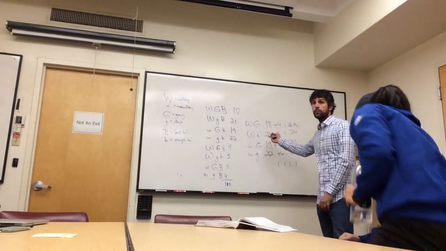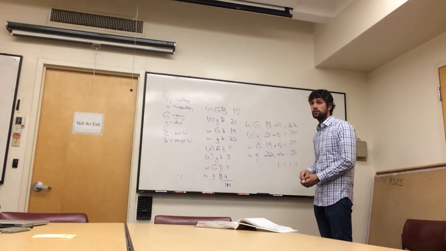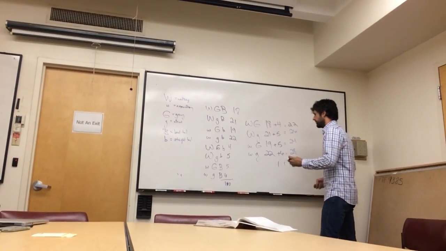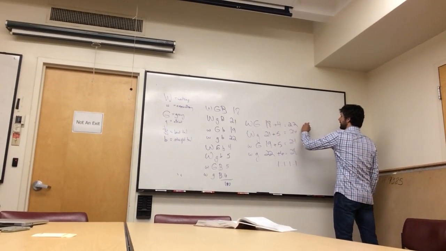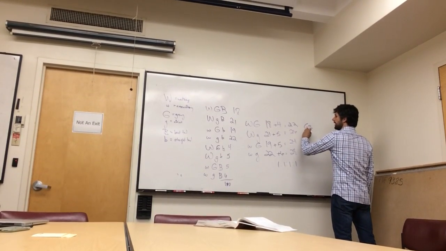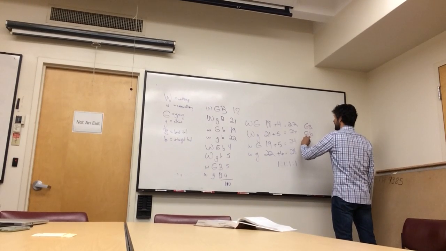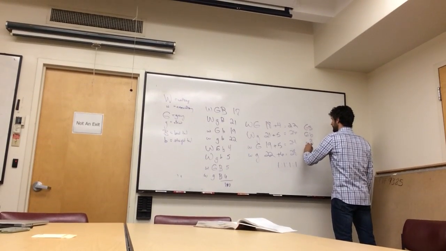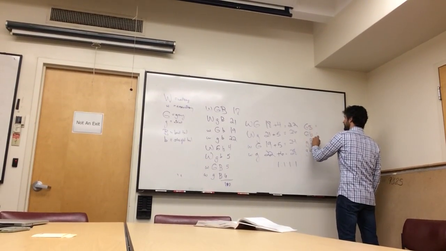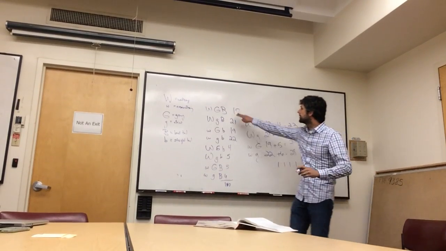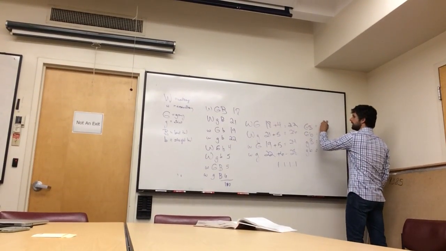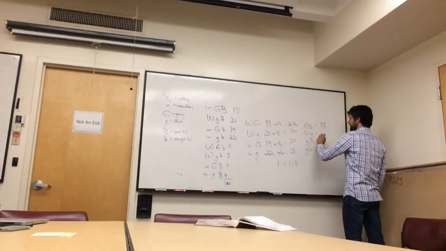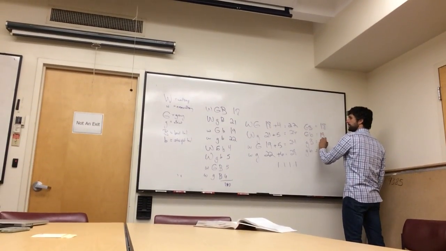Yeah. And so now we can repeat this process with G and B. So we can have, again, big G, big B, big G, little b, little g, big B, and little g, little b. So big G, big B, we have 18. For big G, little b, we have 19. Little g, big B, 21.